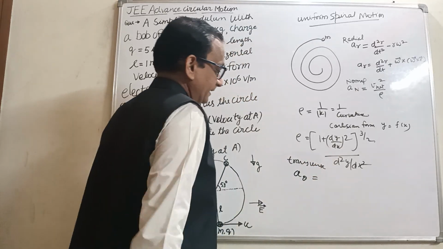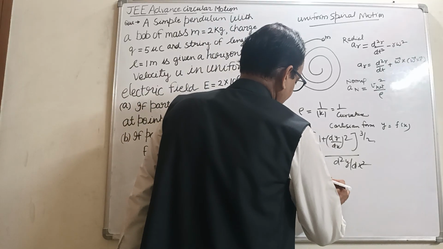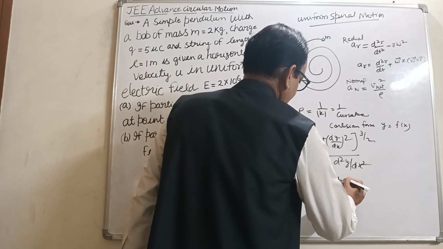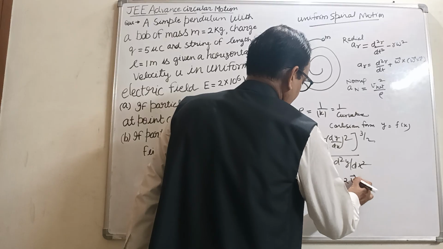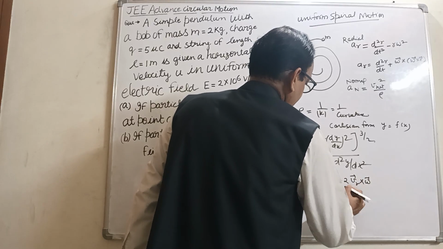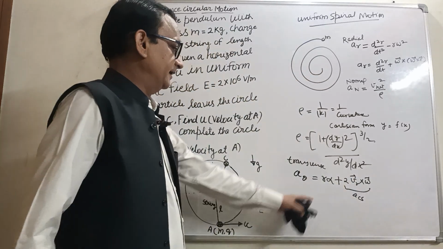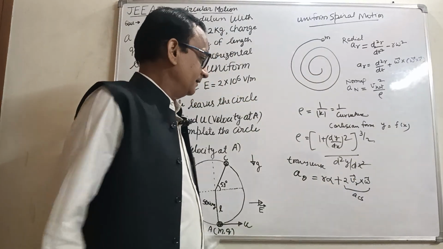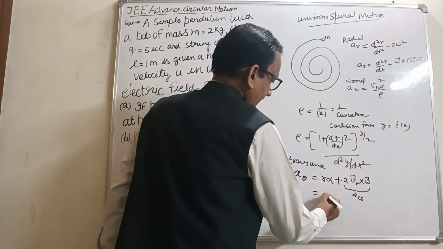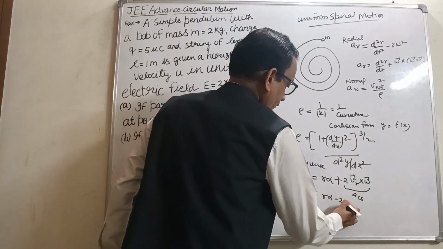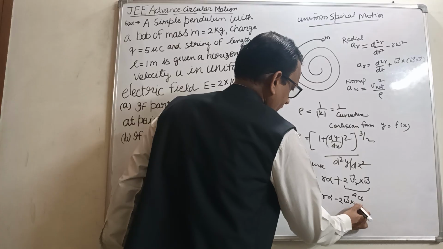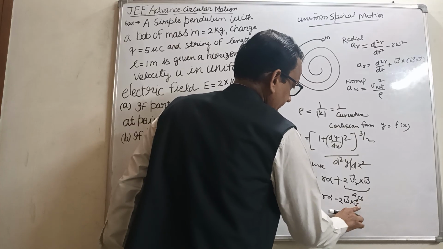What would be transverse acceleration? Transverse acceleration would be r alpha plus 2 V_r vector cross omega vector. This is Coriolis acceleration. So r alpha plus, we can also write here r alpha minus 2 omega vector cross V_r vector. This is V_r vector.